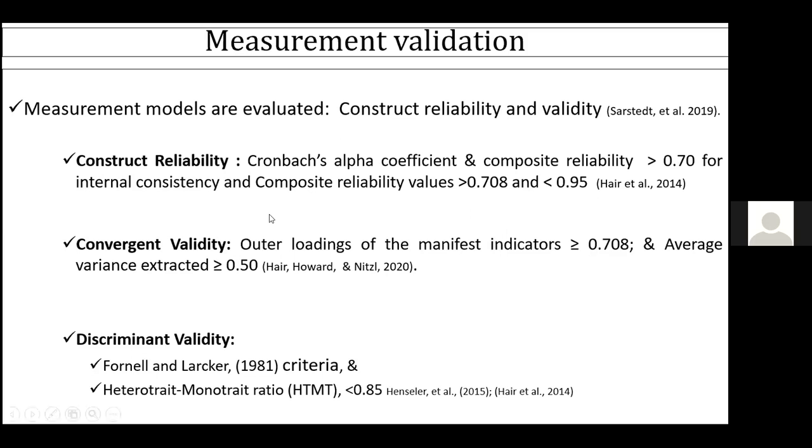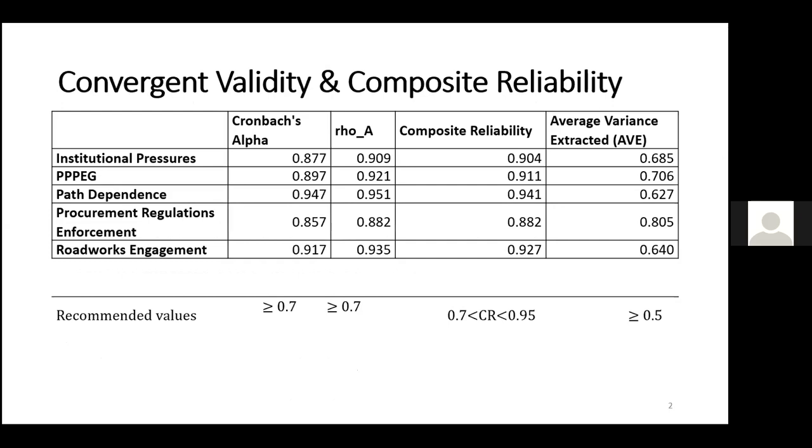We also checked for convergent validity using the outer loadings, in which values were above 0.708, and the average variance extracted, where values were above 0.5. These are the values, Chair, for convergent validity and composite reliability. We used Cronbach's alpha to check for consistency. We also used the composite reliability values and the average variance extracted.